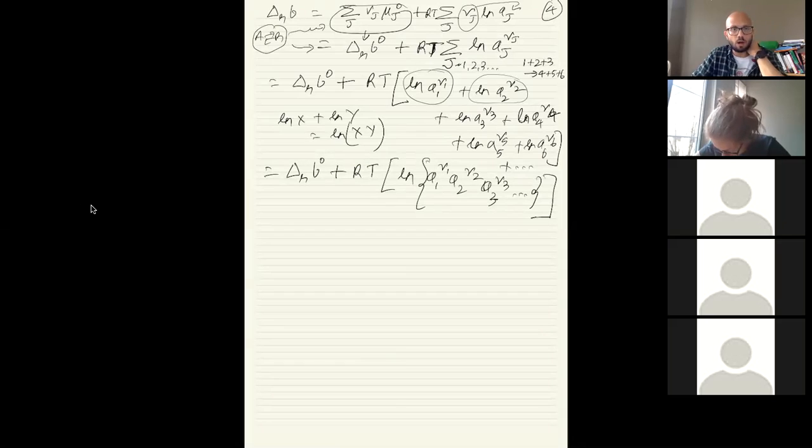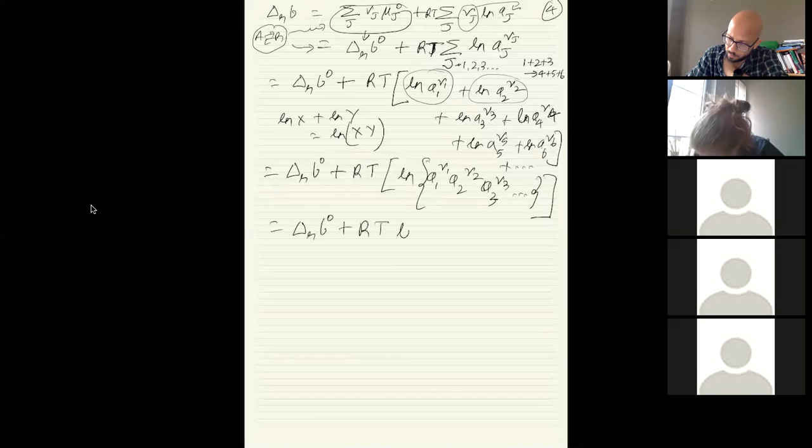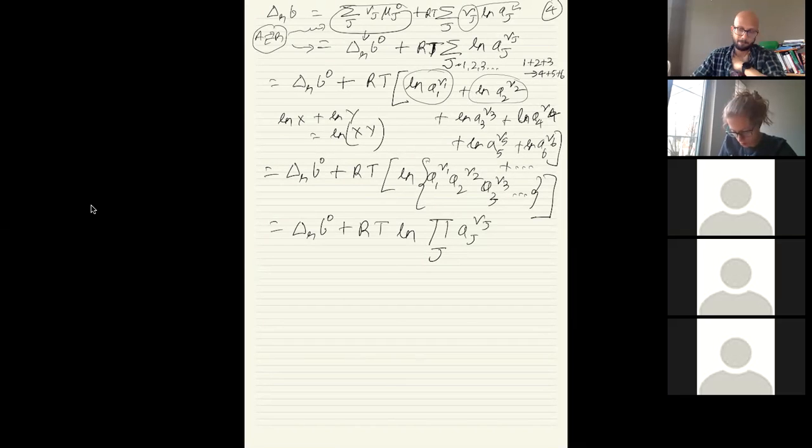The summation is now gone and we have a product inside the log. In math, there is a symbol for the product, written as a big pi. It goes over all species j, of a j to the power nu j. This is our delta R G, now written in a different form.